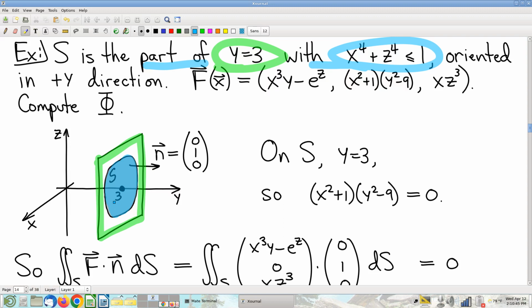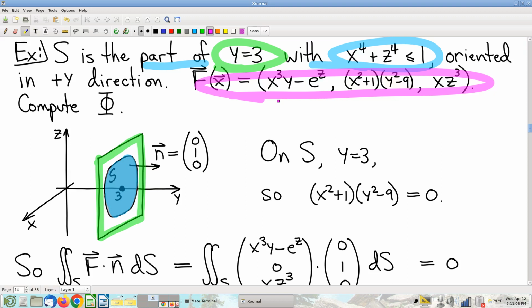And through that surface, I want to compute the flux of this vector field. Now, that's not hard to parameterize. You can see right here we have y as a function of x and z. You can use the graph parameterization, and you can take a deep breath and plow forward.